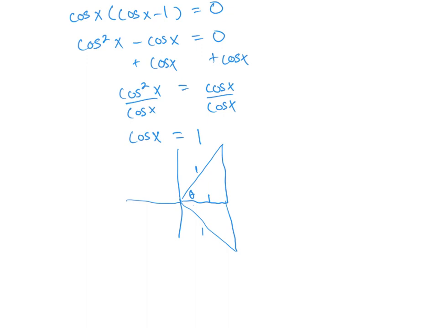If my cosine is 1, well, that's simple, because we're dealing with a unit circle here. Cosine is positive 1 when it is at 0 degrees. So we can write that as 2n pi, just like so, 2n pi, because that can give us 0, that can give us 2 pi, and so on and so on.